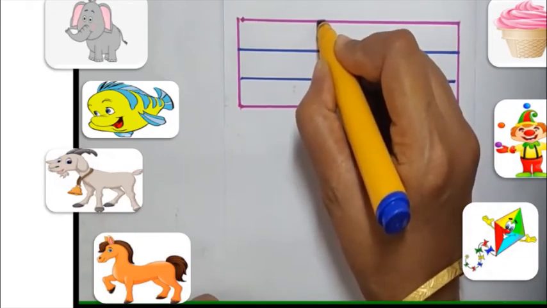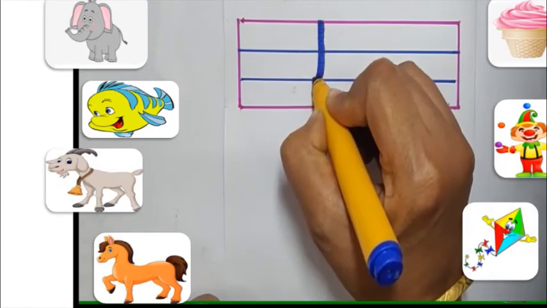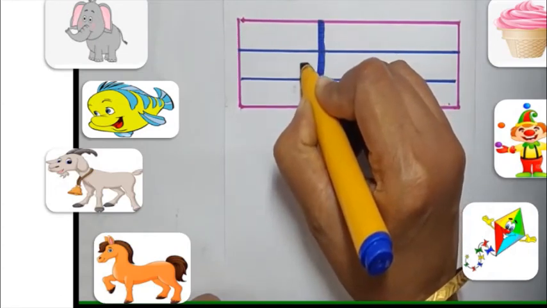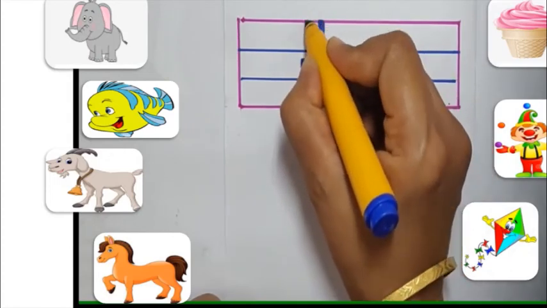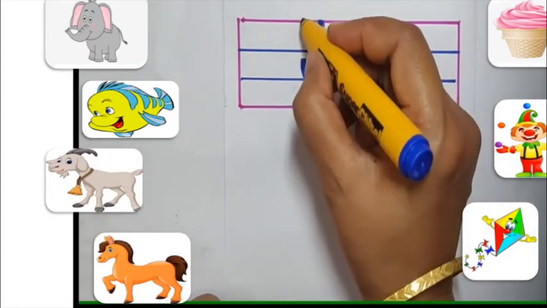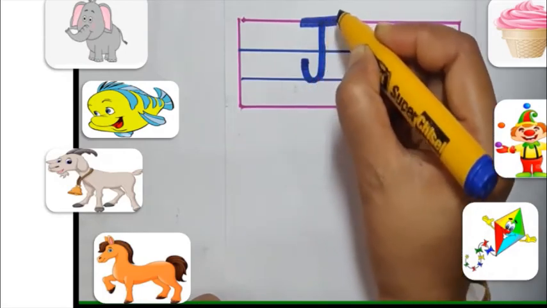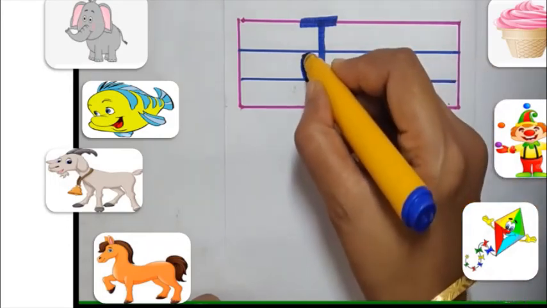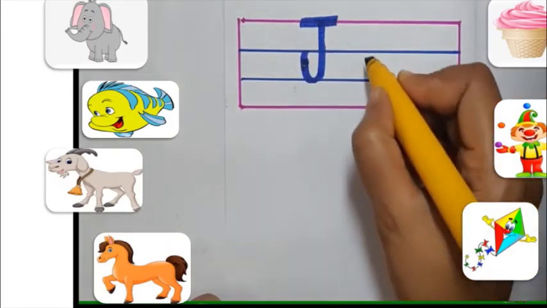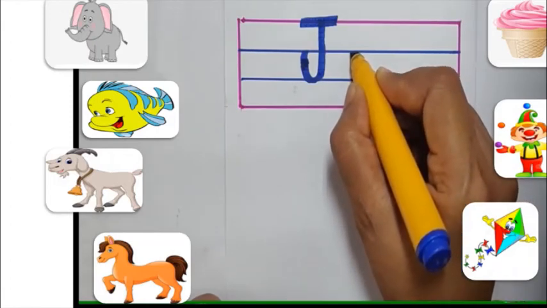Start from the top line, standing line, bend the curve towards the middle line and then make a sleeping line at the first line, that is capital J. Then small j.